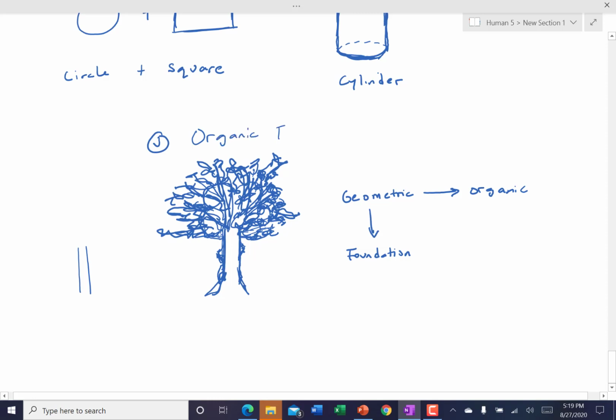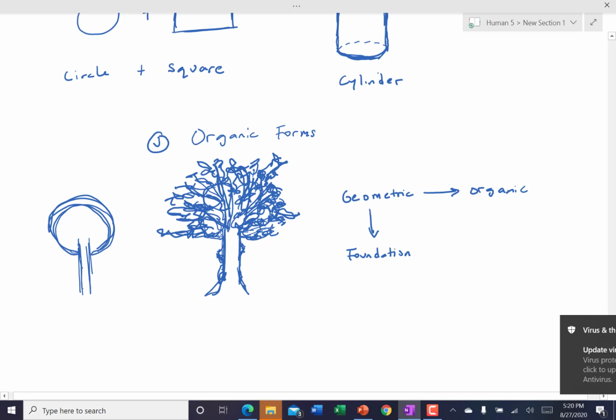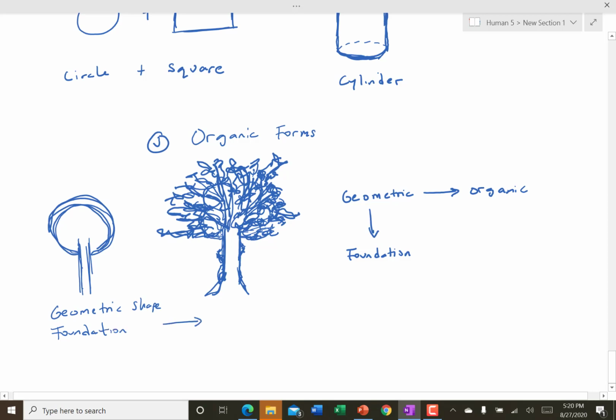Organic forms, but the foundation is in these shapes that you can translate into both organic shape or organic form. And this is the same for shapes, where I have the geometric as the foundation, and then the organic as the actual result.